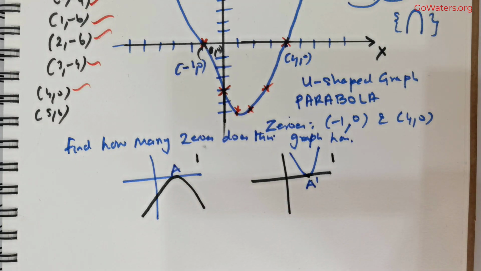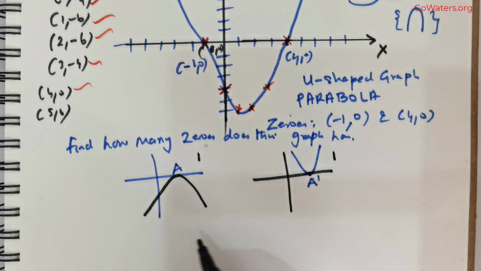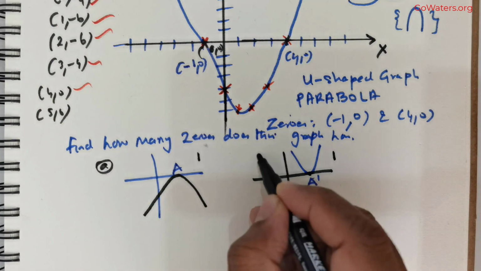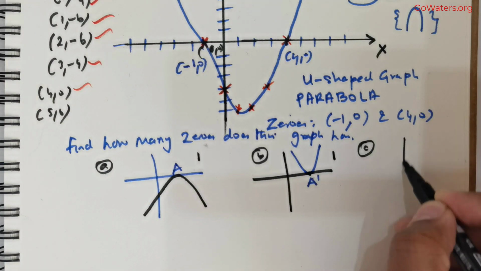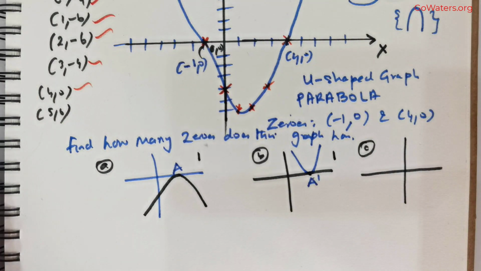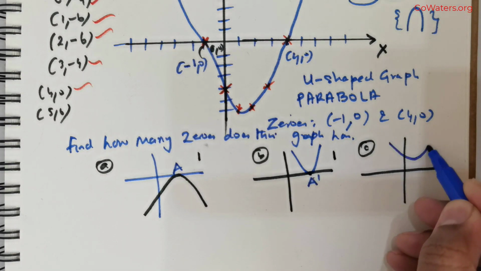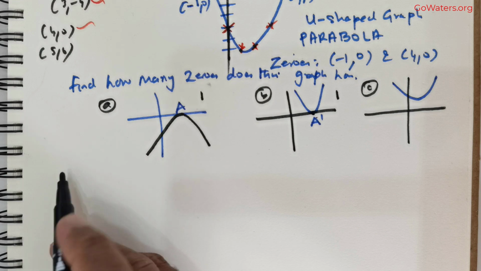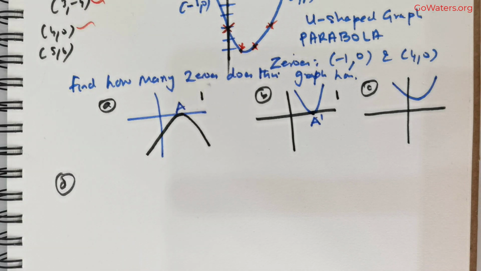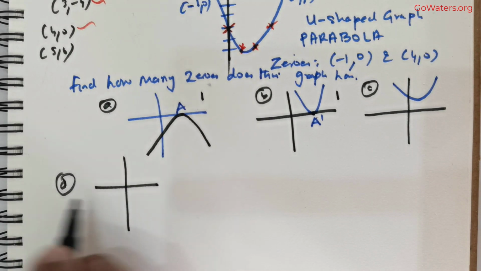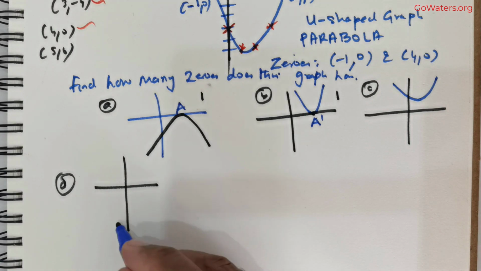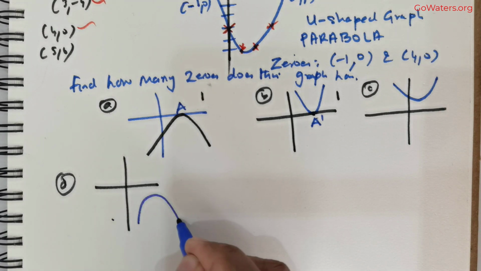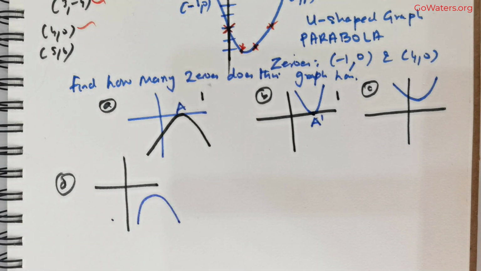Have that in mind. Next illustration. So this is A, this is B. Let me give you C. Can you find the number of intersections this graph has? And then D, can you find the number of intersections this graph has? Can you tell me?